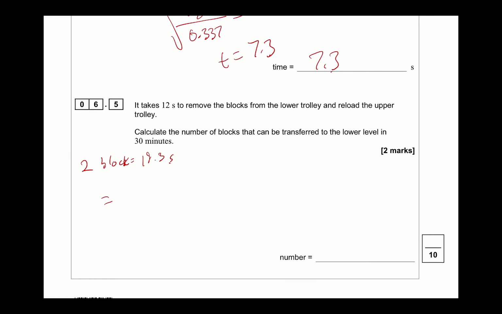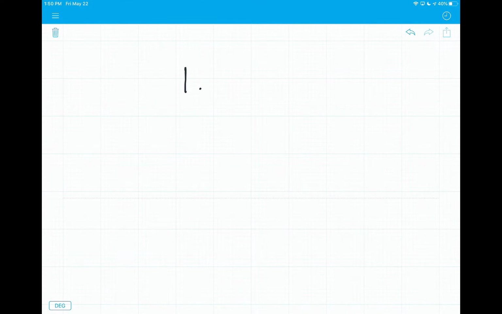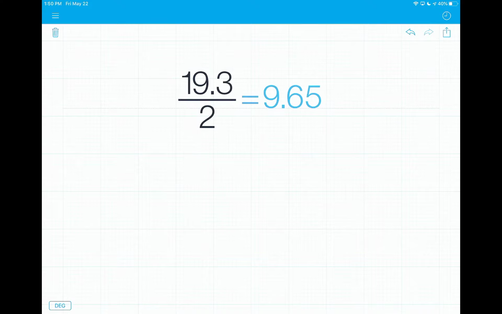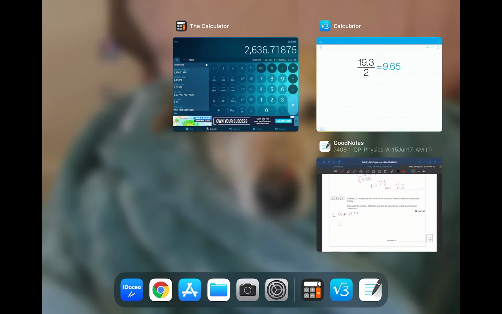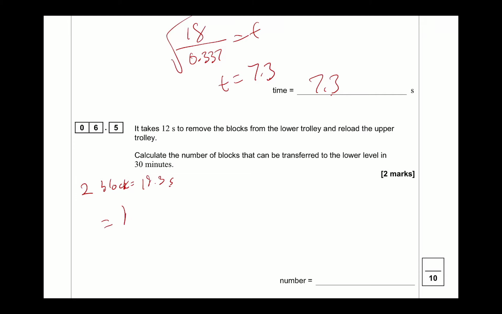So the frequency that we can do is 19.3 divided by 2, so it is 9.65 seconds per block.